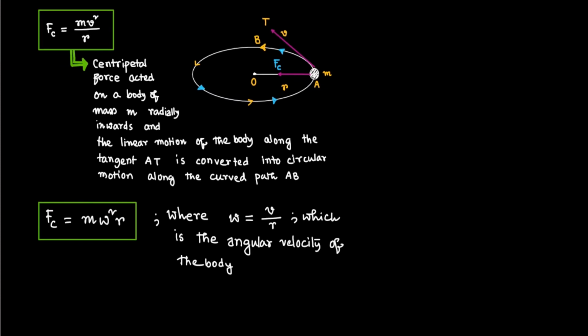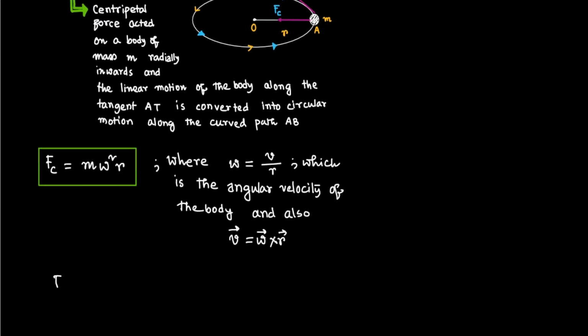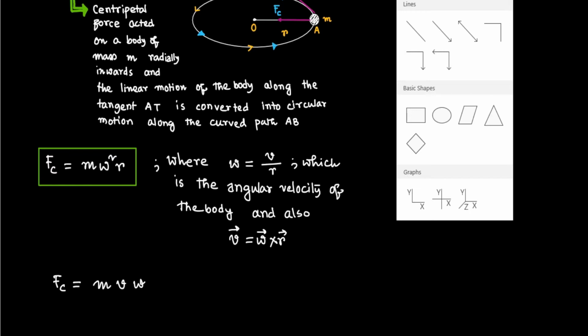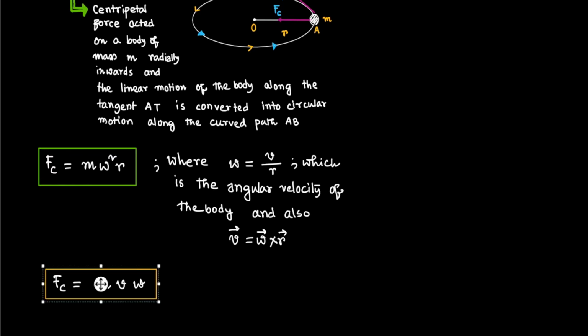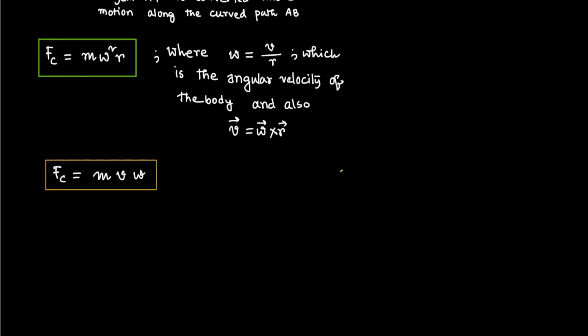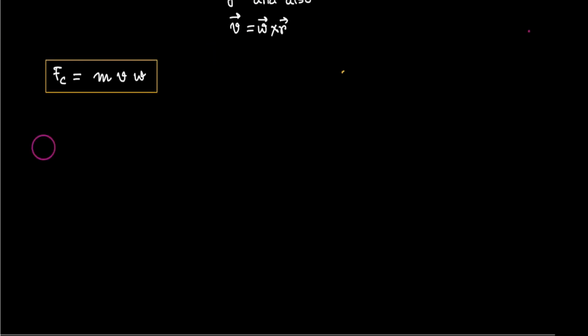And also vector v equal vector omega cross vector r. Fc equal mv omega. So this is the third expression of centripetal force. Fc equal mv omega, product of mass, tangential velocity and angular velocity.